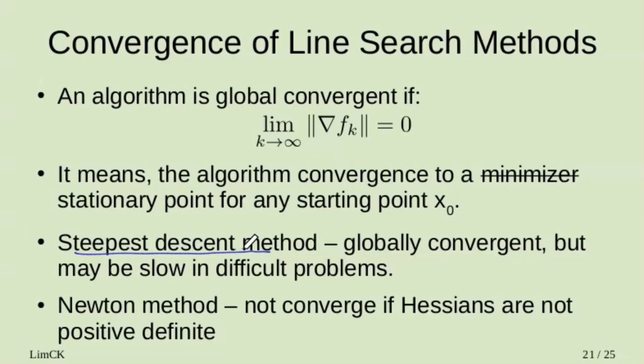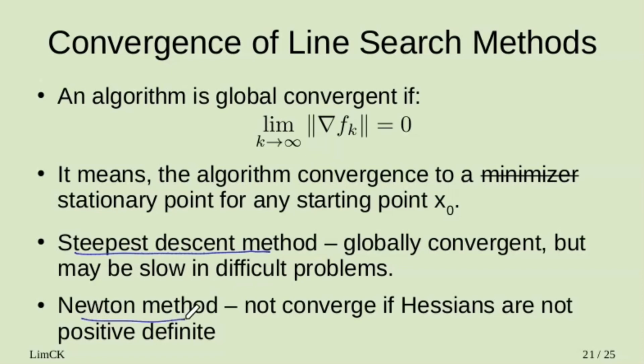Which is very good, but the issue is the steepest descent method is always slow compared to the Newton method or quasi-Newton method, especially when the function is complicated, it becomes much slower.